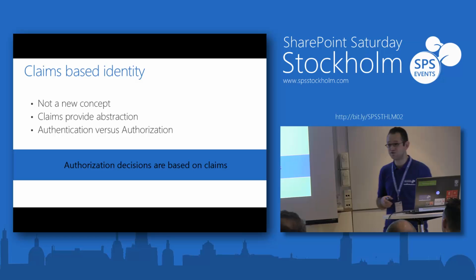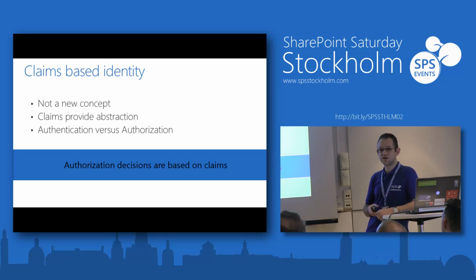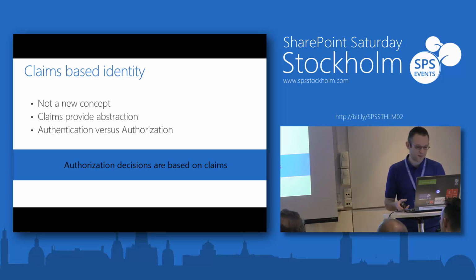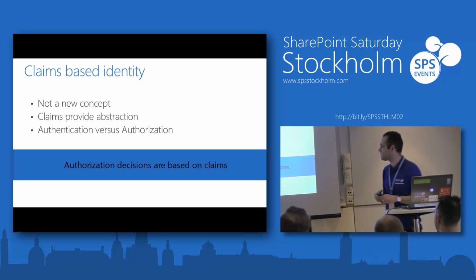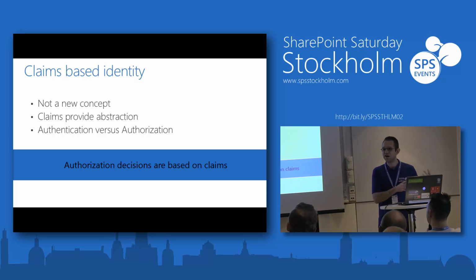Claims-based identity is not a new concept. We've seen claims-based systems for a long time. In fact, Windows authentication itself is probably a claims-based system. Kerberos, for example, you might consider to be some kind of claims-based identity system. What claims do is provide abstraction from the actual implementation of an identity.